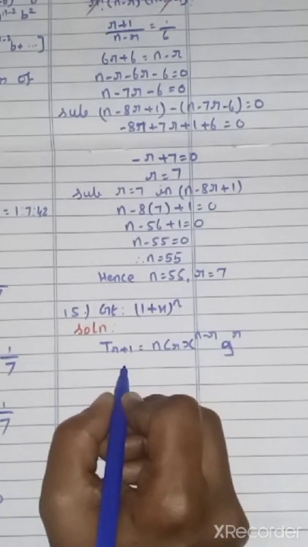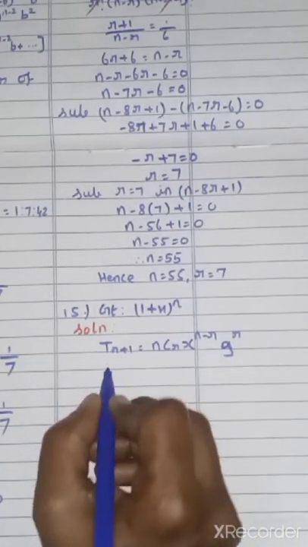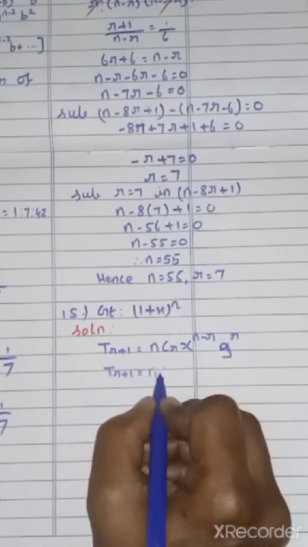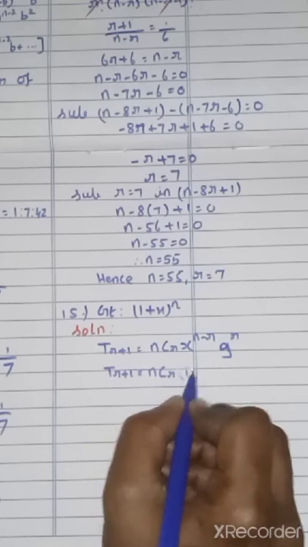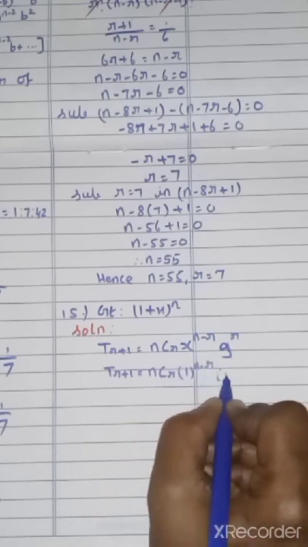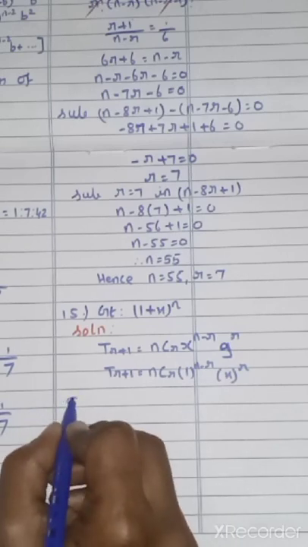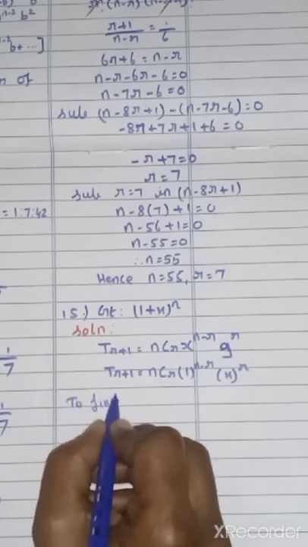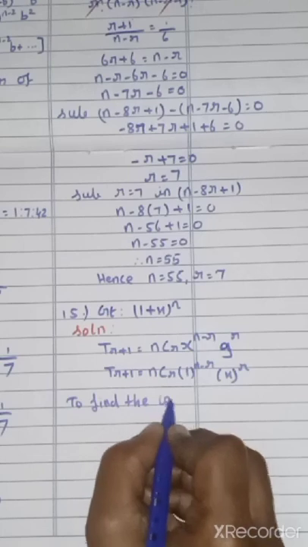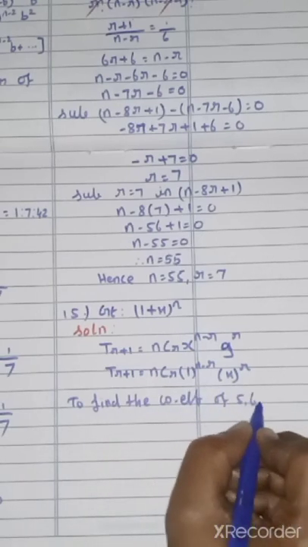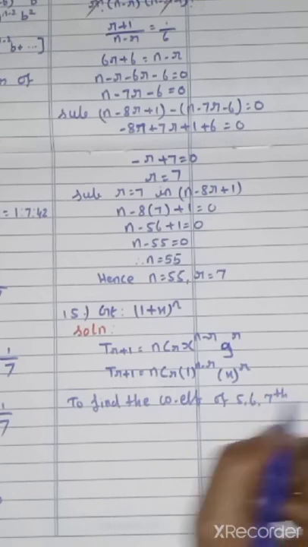So we can rewrite this formula as T(r+1) equal to nCr 1 power n minus r x power r. So what we have to find is the coefficients of the 5th, 6th and 7th terms.